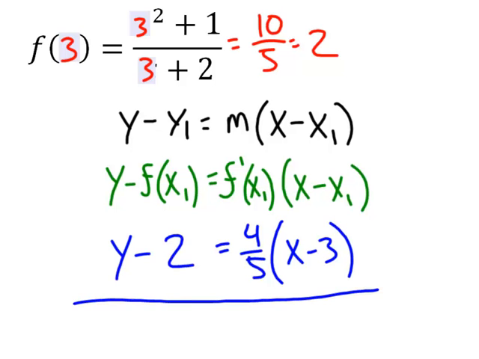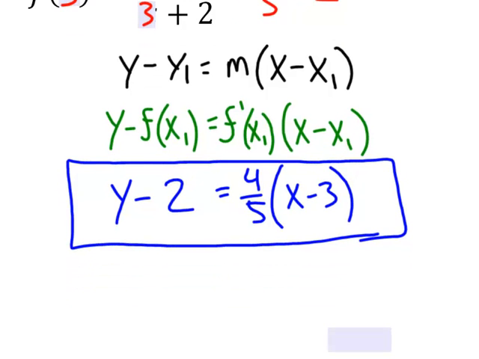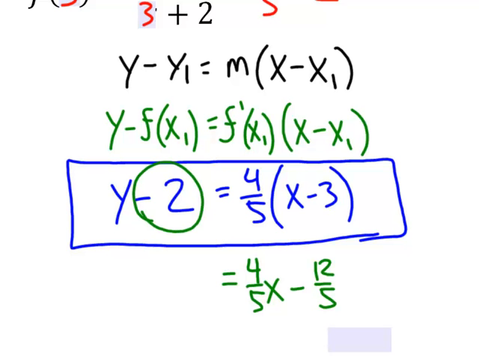And as I've said many times before by now, you may put a box around it right now. The only reason to go any further is if you're going to check by calculator, which is never a bad idea. So let's go ahead and distribute 4/5 times x minus 12/5. Let me just temporarily write minus 12/5. And I'm going to go ahead and add that 2 over to the right side.